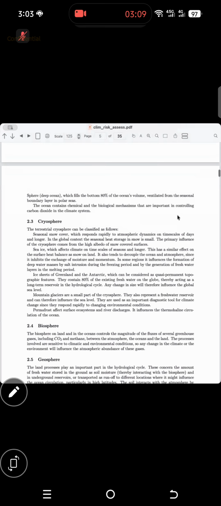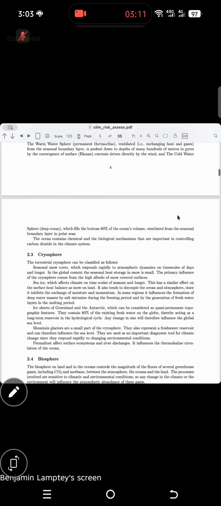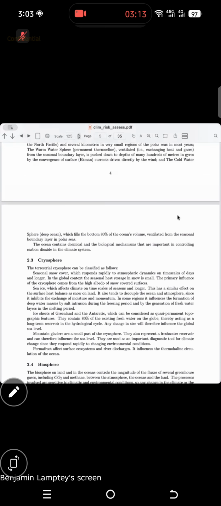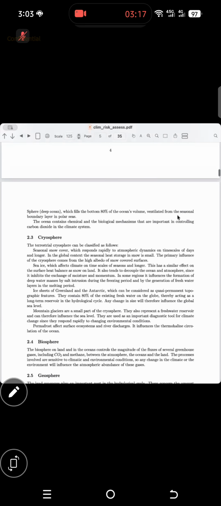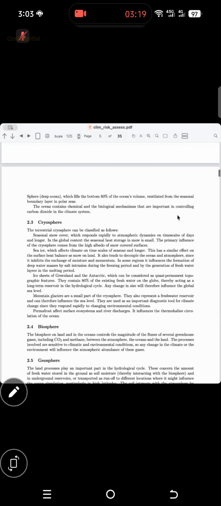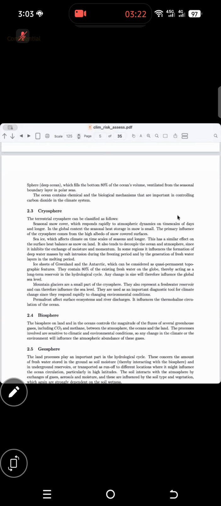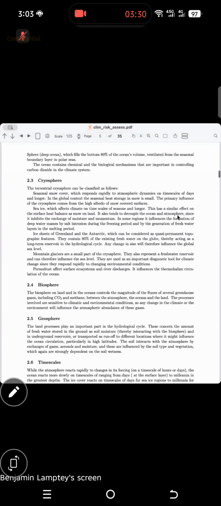And the processes in the atmosphere, for example, are at a different time scale compared to processes in the ocean. So I have a subsection called time scales.